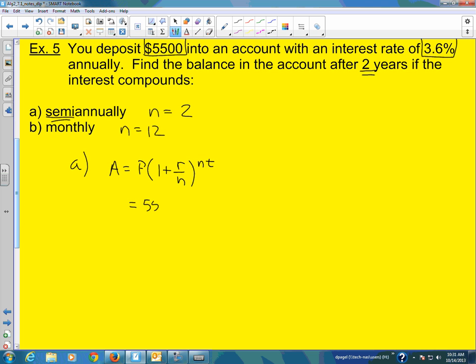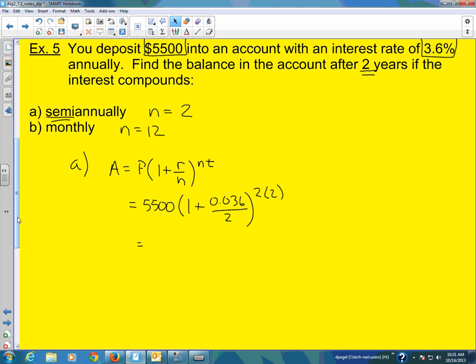All right, in our semi-annual example, we have 0.036 twice a year, which is our N value, for 2 years. This would give me how much money would be left in my account after this amount of time.